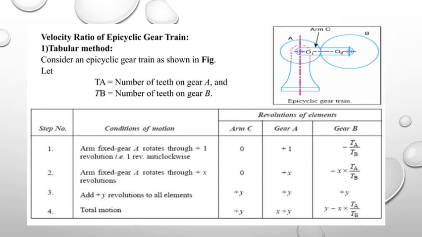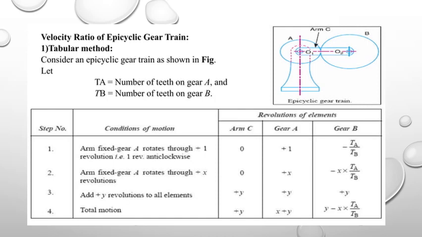The revolutions are shown for arm C, gear A and gear B. While the arm is fixed and gear A rotates x, it is 0 plus x for gear A and minus x into TA by TB for gear B.